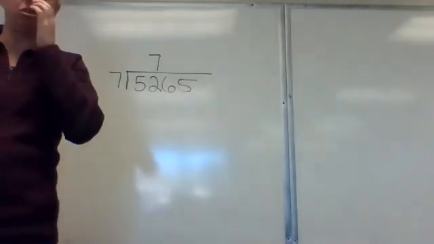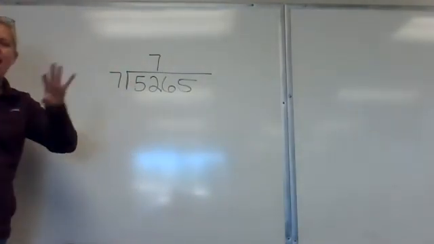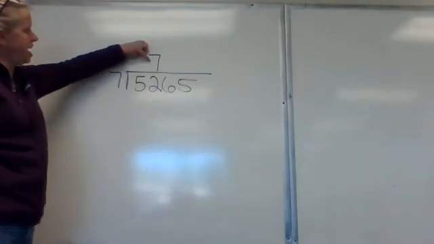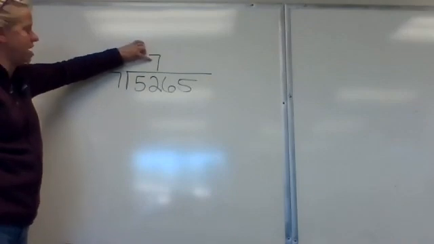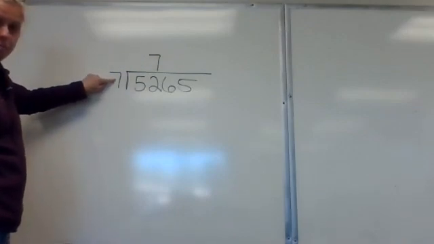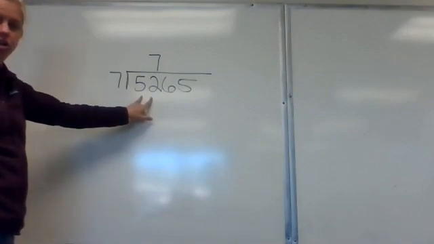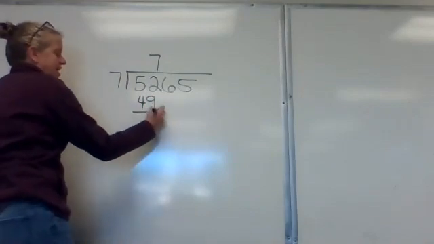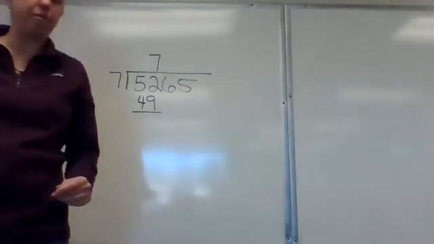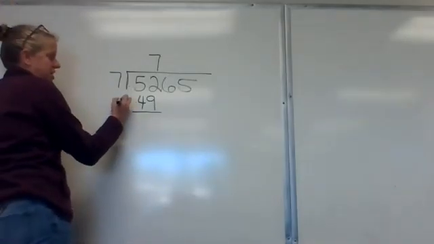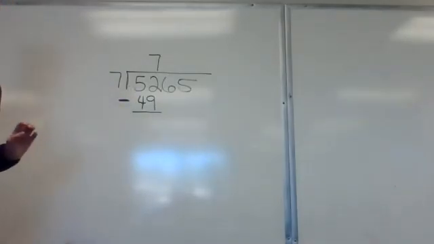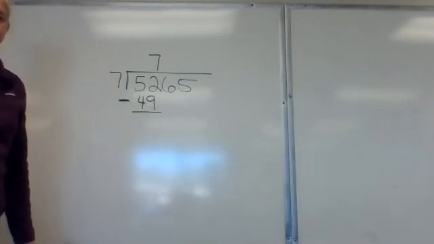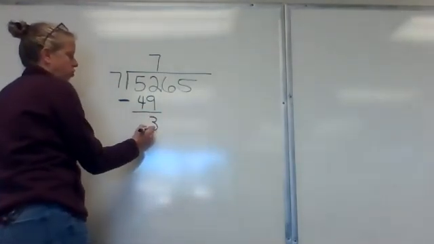Now, here's the reason I wanted to do this, just to remind ourselves what happens next in the process of long division. The next step is to multiply whatever you put here times the number that's out here and put your answer here. So I have 7 times 7, which gives me 49. What was the next step? You subtracted: 52 minus 49 gives me 3.